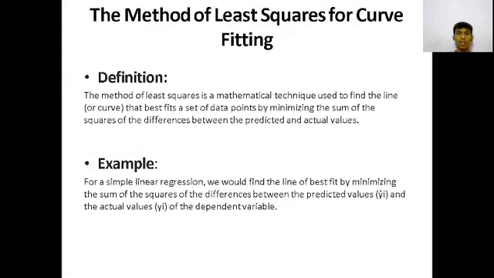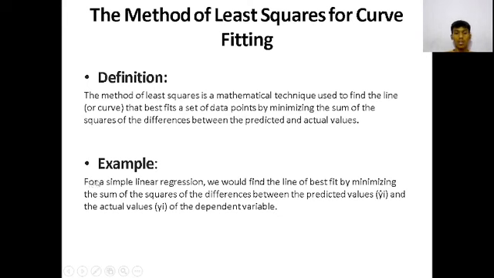So, what is the method of least squares for curve fitting? Definition: the method of least squares is a mathematical technique used to find the curve that best fits a set of data points by minimizing the sum of squares of the differences between the predicted and actual values.